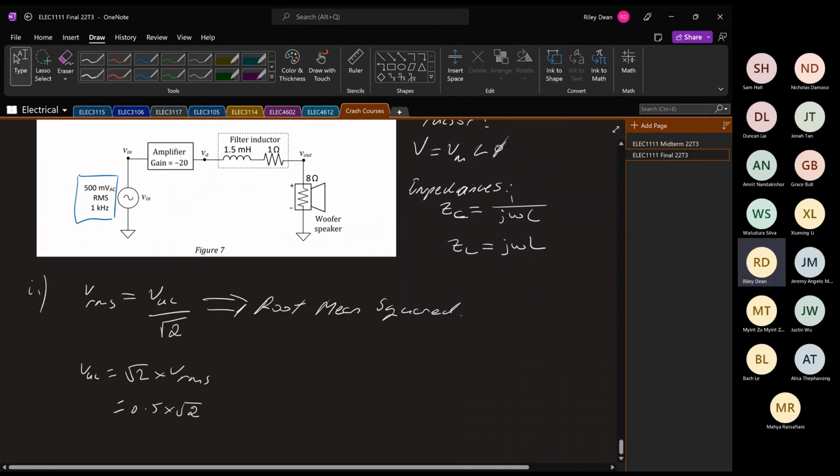The next part is if we go to VA, we actually go through an amplifier with a gain of -20.